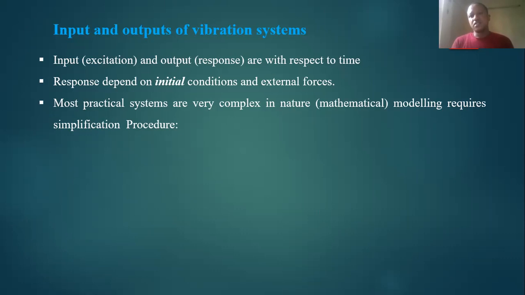But for simple assumption, we discretize the system into a number of equal parts, and then we make a finite element analysis on that in order to evaluate the whole system. So mathematical modeling requires simplifications. We simplify any system.